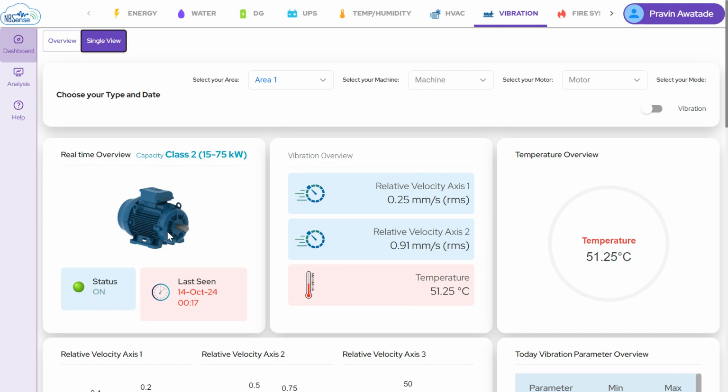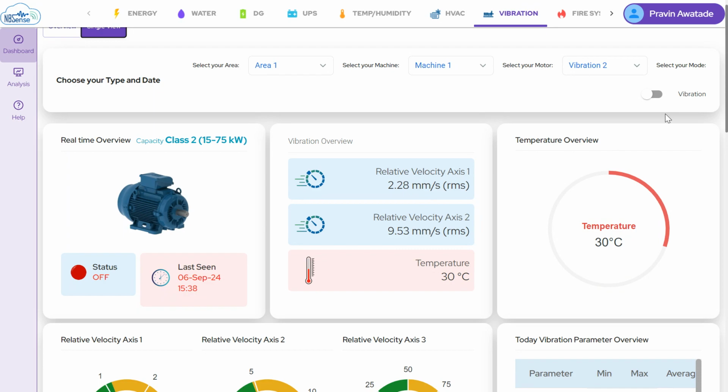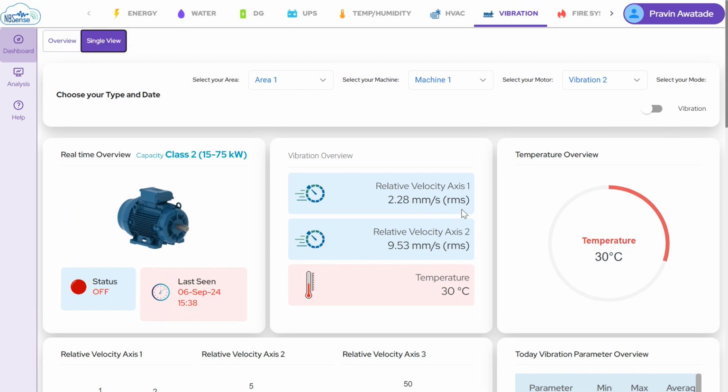Its capacity class 2, status is on, last seen timestamp, temperature. Here we can see the relative velocity axis 1 and axis 2. Generally there is triaxial measurement, but in this particular case, this is applicable for biaxial only.